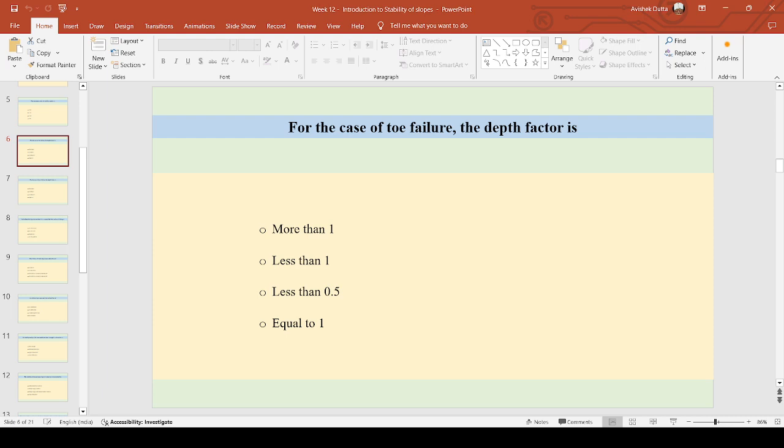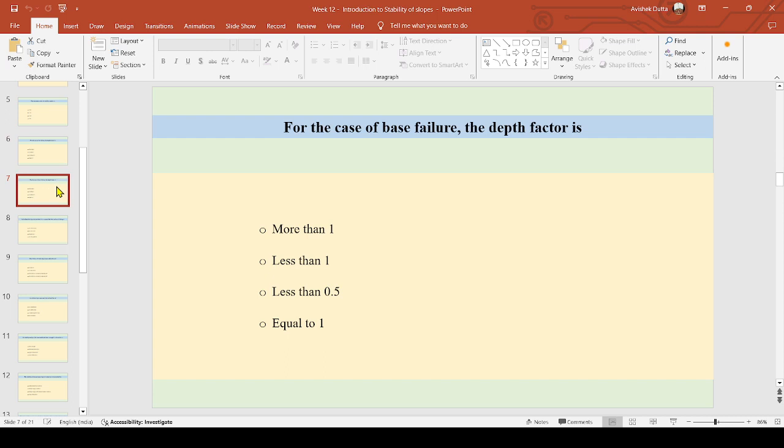For the case of toe failure, the depth factor is more than 1, or less than 1, or less than 0.5, or equal to 1. Okay, next question.